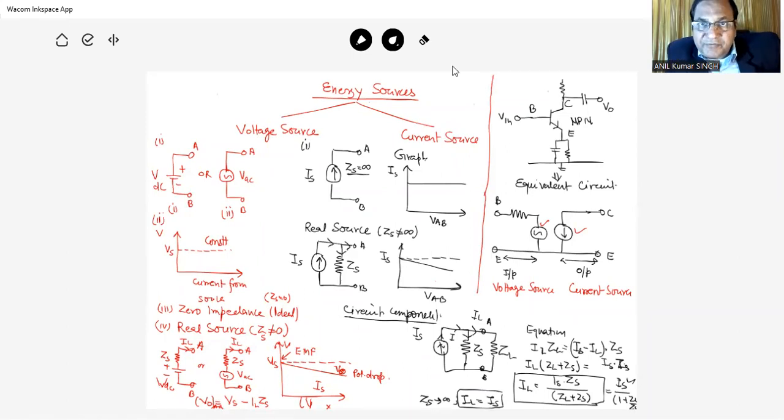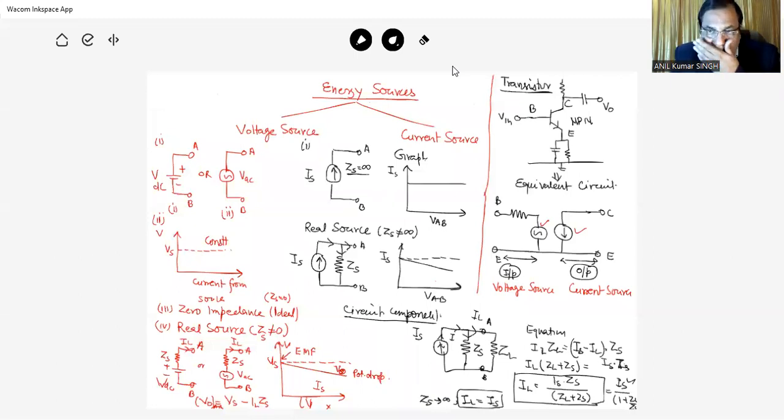In the case of this transistor circuit, we use both: the voltage source at the input part and the current source at the output part.